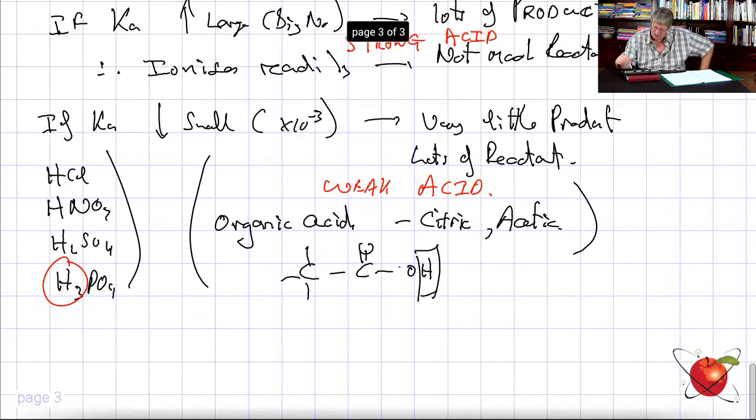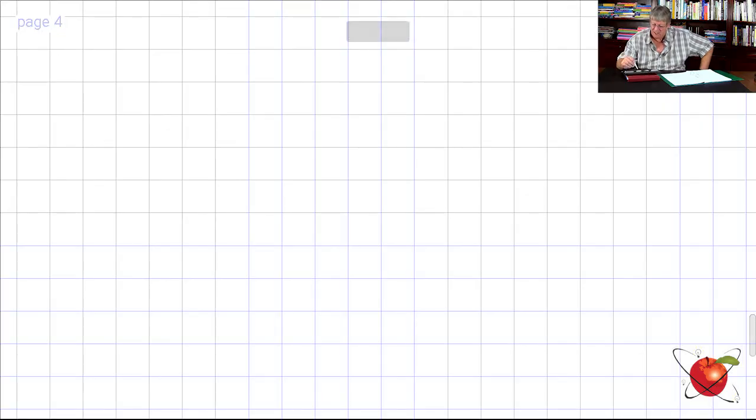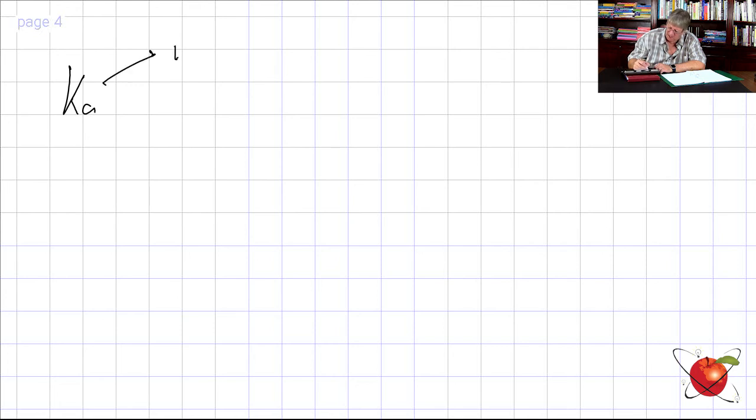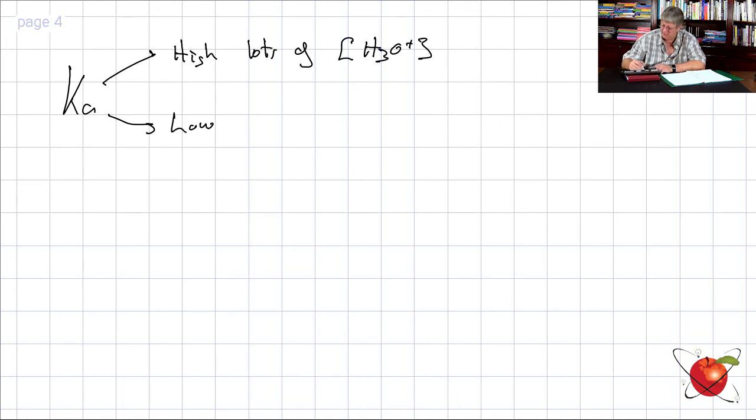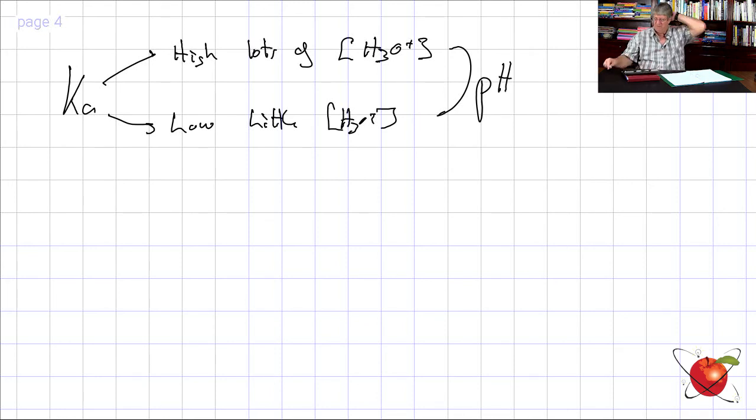Now, on our weak acids and our strong acids, that tells us that a high Ka means a strong acid, so Ka high gives lots of H3O plus, and Ka low gives little concentration of H3O plus, and we're going to measure these in future as pH.